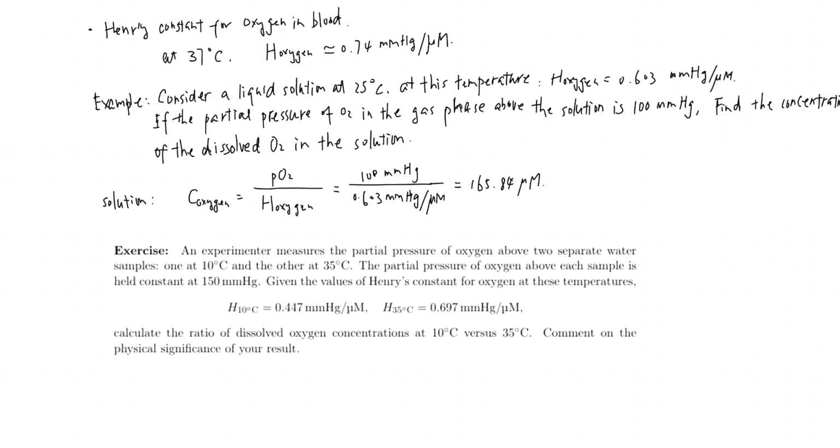One is at 10 degrees C and another is at 35 degrees C. The Henry's constants for oxygen at these two temperatures are given. The partial pressure of oxygen above each sample is the same. You are asked to calculate the ratio of dissolved oxygen concentrations in solution under these two temperatures and comment on the physical significance of your result.